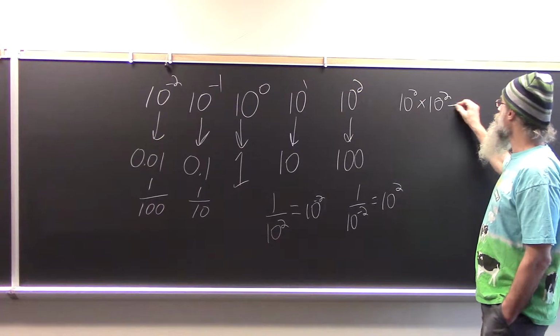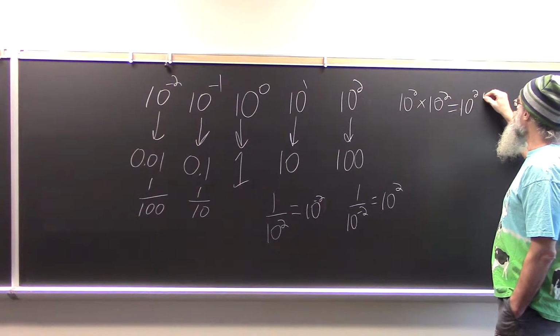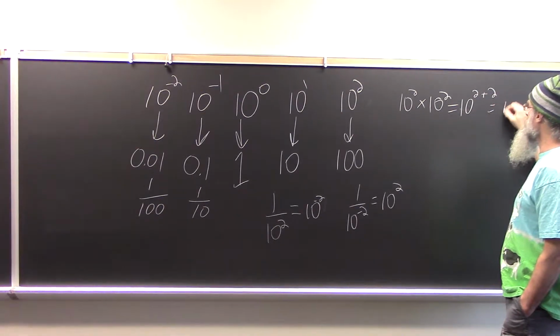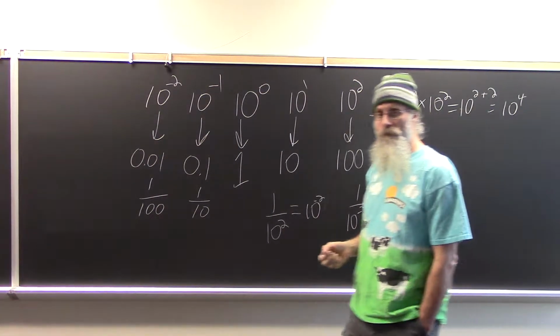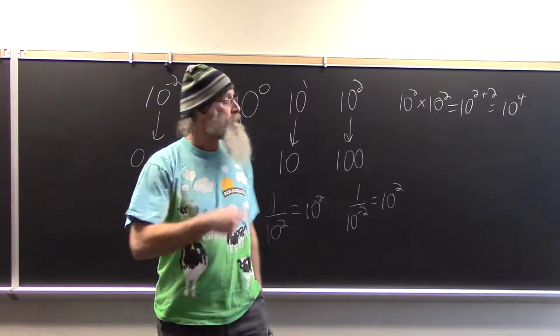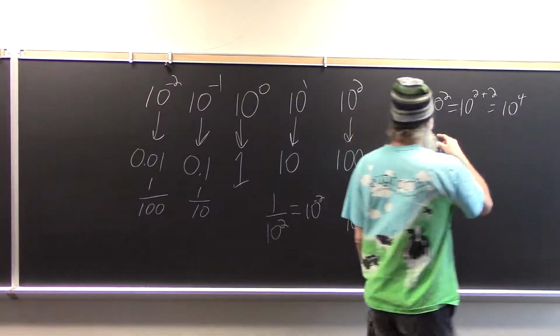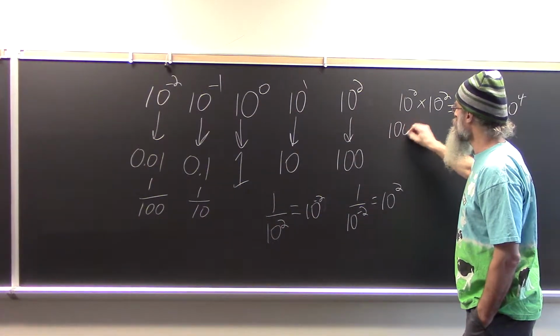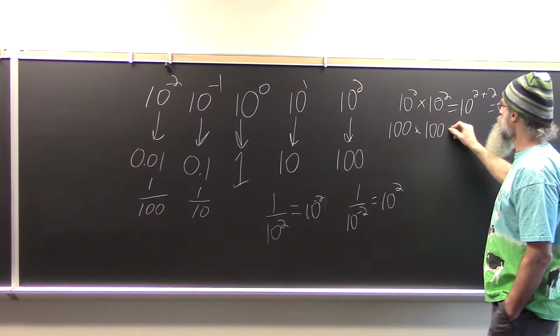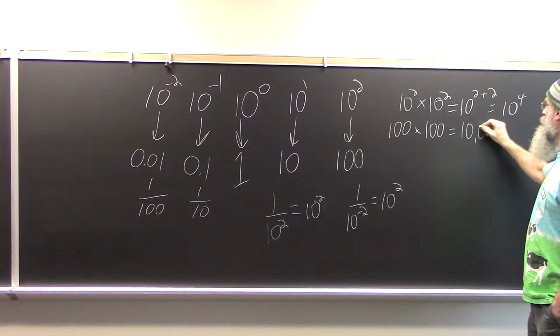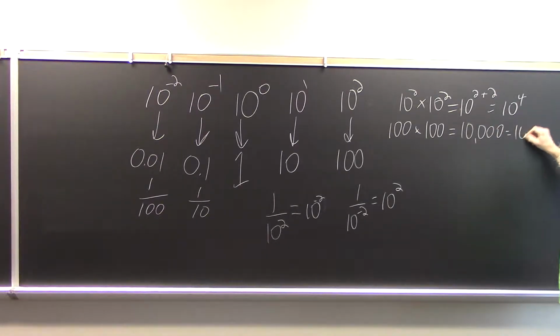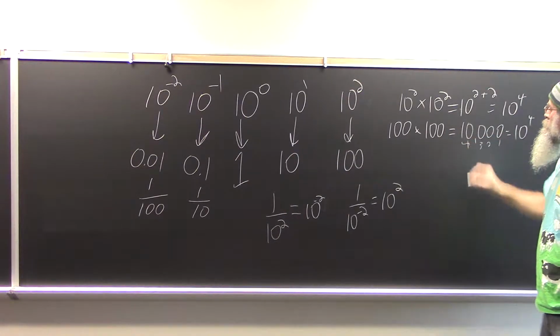Well, it equals 10 to the 2 plus 2, which of course equals 10 to the 4. I should show that more fully. So 100 times 100 equals 10,000, which is equal to 10 to the 4. 1, 2, 3, 4 zeros.